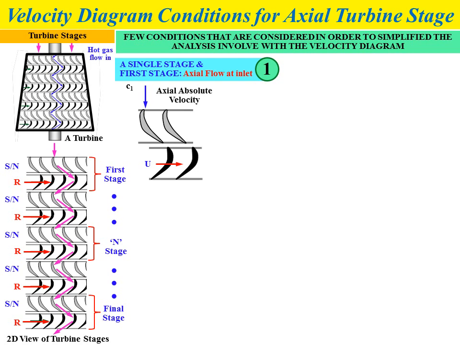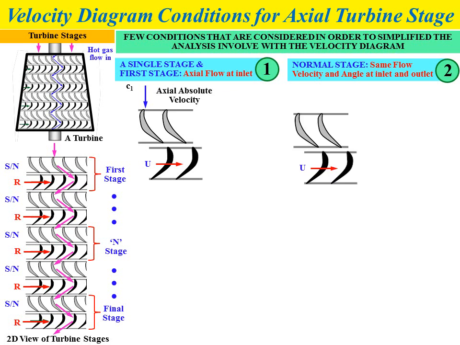We need to implement this condition in order to simplify the calculation of the velocity diagram. The condition is shown in the schematic diagram. Condition number 2 is the normal stage condition. For this condition, we consider flow velocity and angle. We have the same flow velocity and the same angle at the inlet and at the outlet.